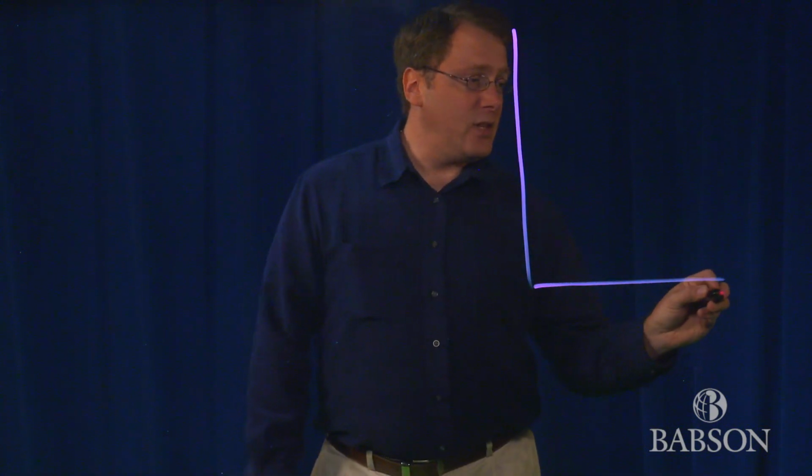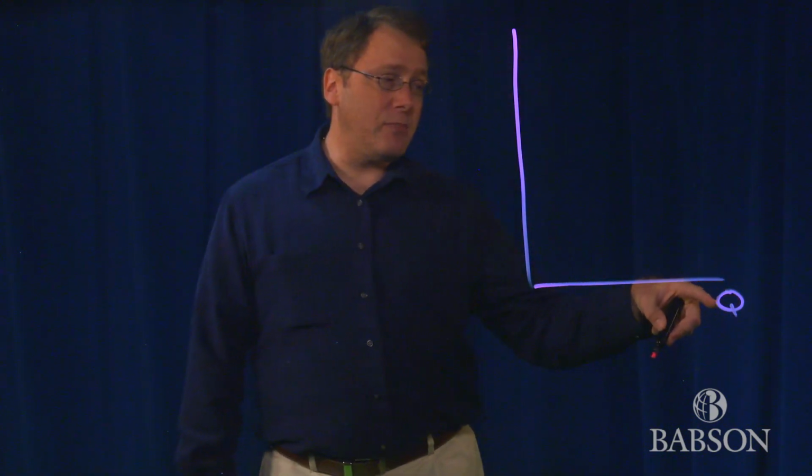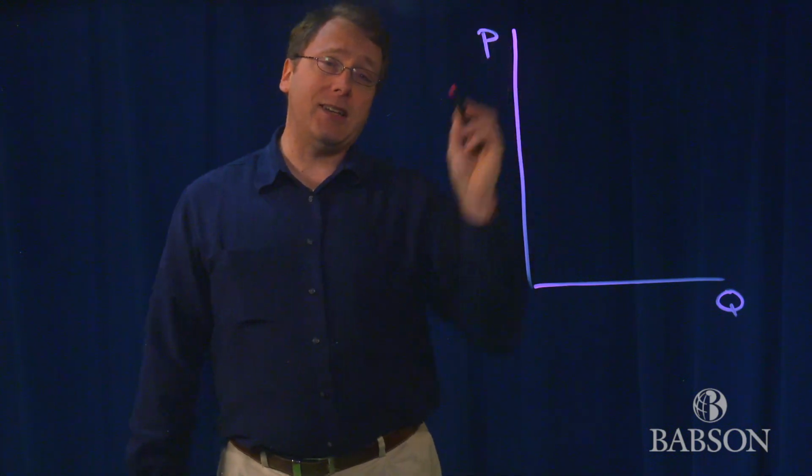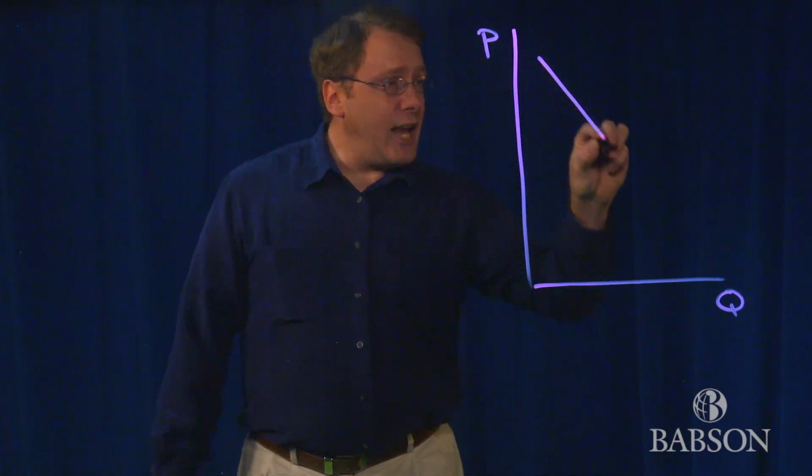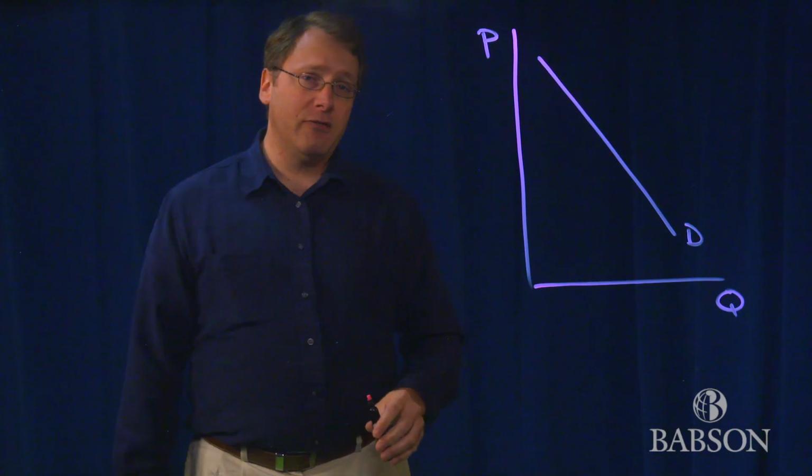First, let's think about where this price elasticity of demand is really coming from. And in order to do that, what we need is to think about the demand curve itself. And remember, that's a relationship between the quantity and the price. And so we have some demand curve.